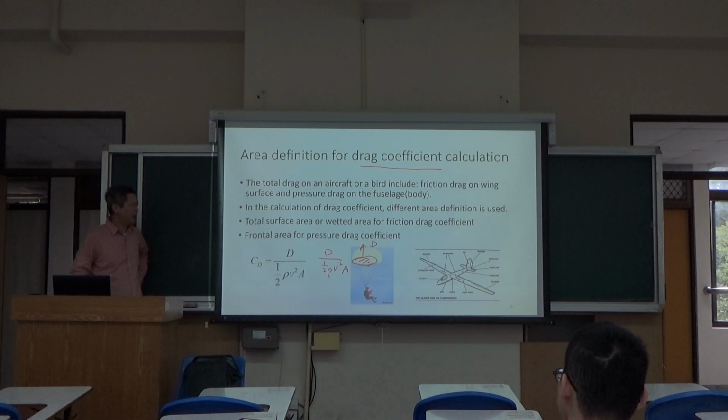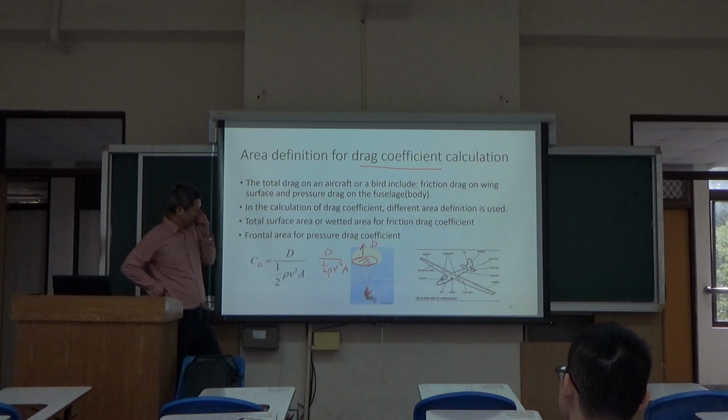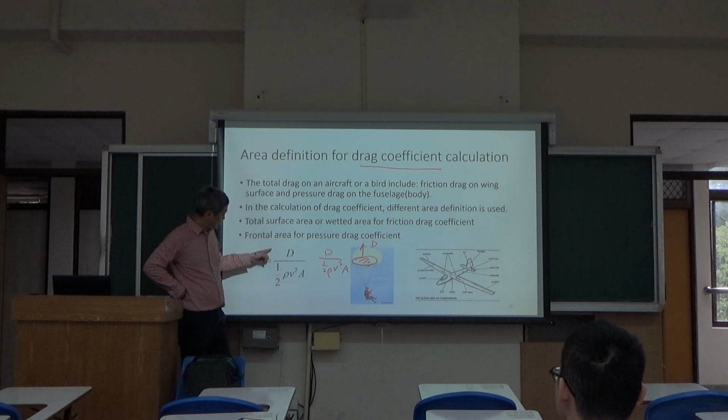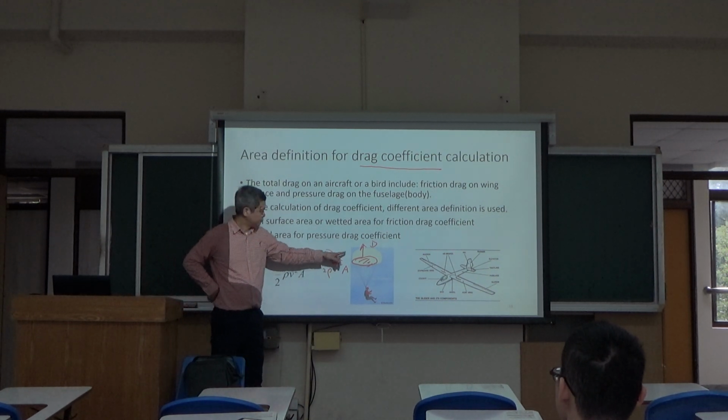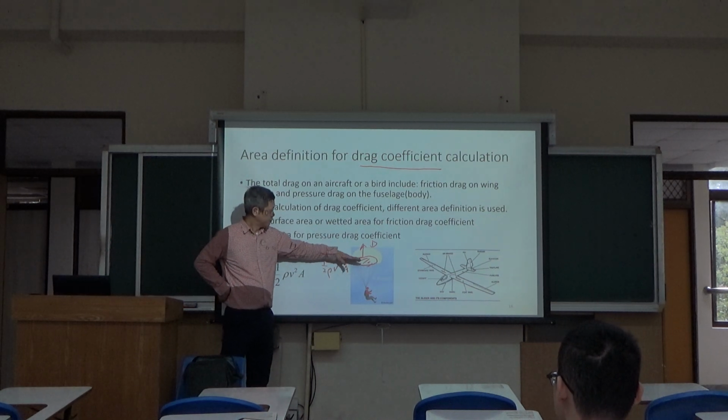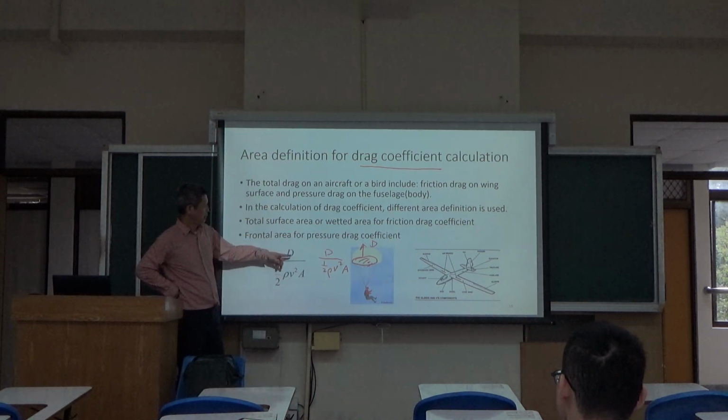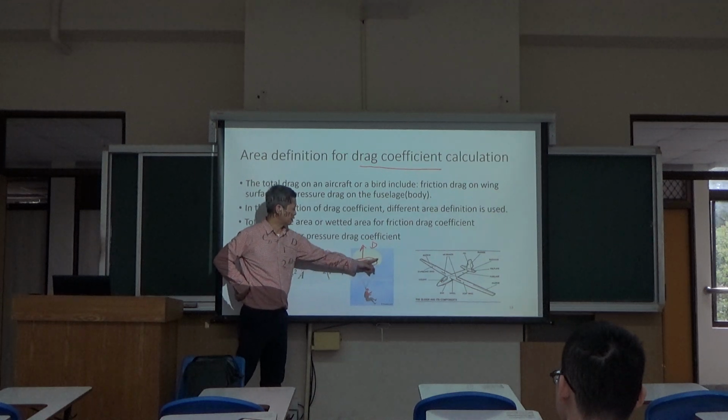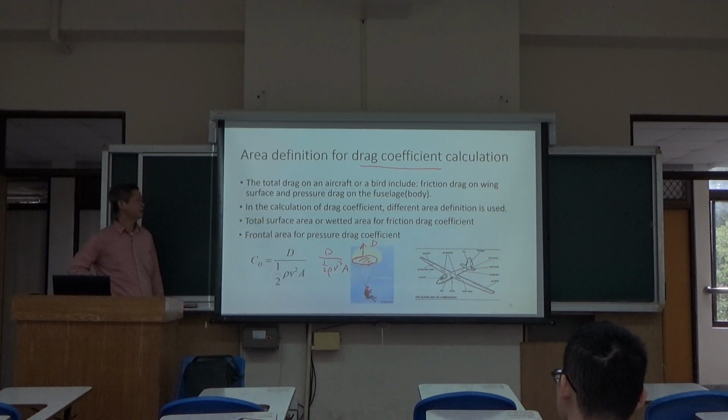The way that we define the drag force is, we have to know the area that blocks the air. This is for the canopy. This is the cross-sectional area of the canopy.